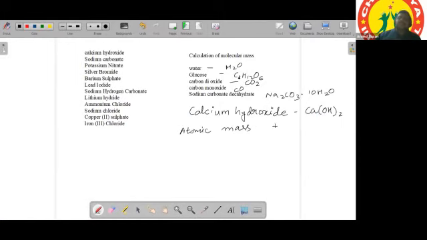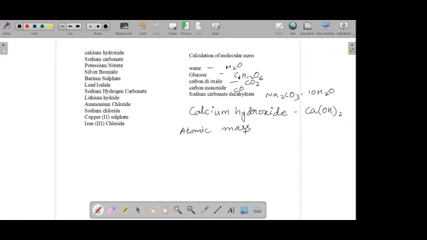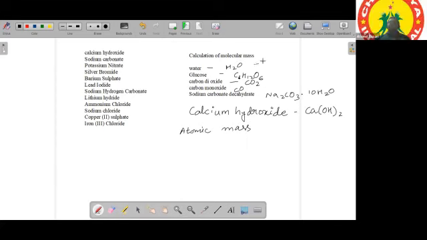The first one is 18 u. If you have done this, you can do these three without any difficulty. You need to practice sodium carbonate decahydrate and calcium hydroxide.